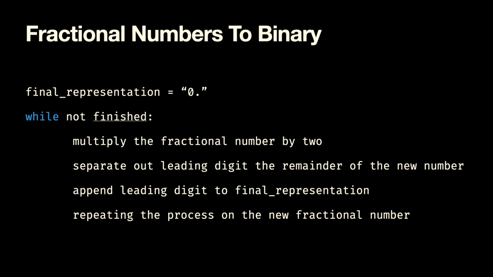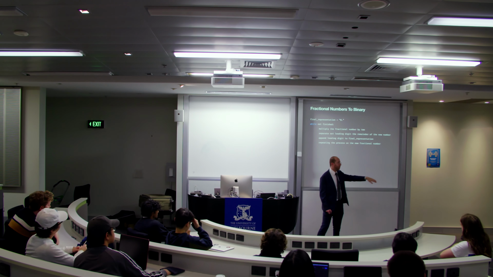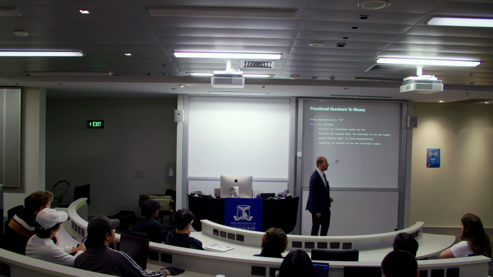The final representation for the fractional part is going to be 0 point something something something. While not finished, multiply whatever fraction you have by 2. Separate out the leading digit. So if the result is like 1.5, take the 1 and put it to the side and add that to your final representation.